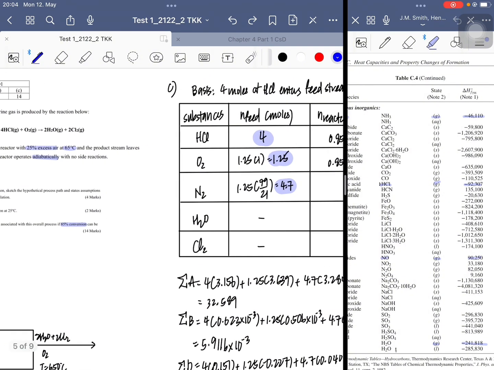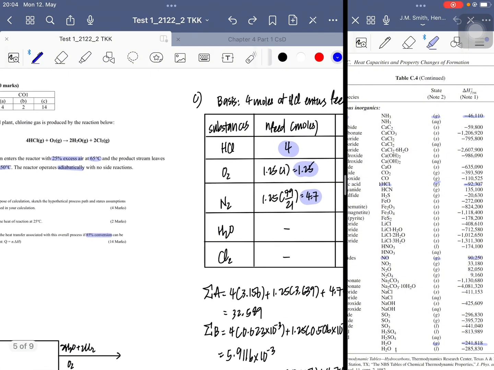For N2, why I times 79 over 21 is because of the ratio for air, which is 21% O2 and 79% N2. So by the ratio of 1.25 times 79 over 21, you'll get the N for N2.